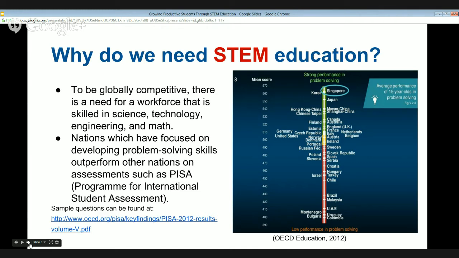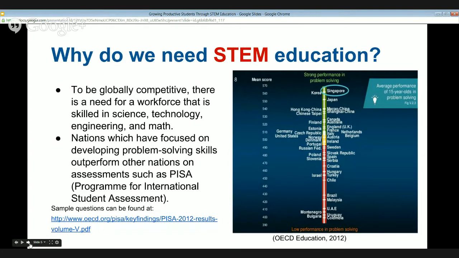But the big concern here is in today's world, students have to have a lot more information than just the standard reading, writing, language, and speaking. To be globally competitive, they have to be skilled in science, technology, engineering, and math. The STEM jobs right now are increasing at twice the rate of other jobs. So if we don't prepare our students with the skills to go out and maintain that area, that's where our countries are getting in trouble.